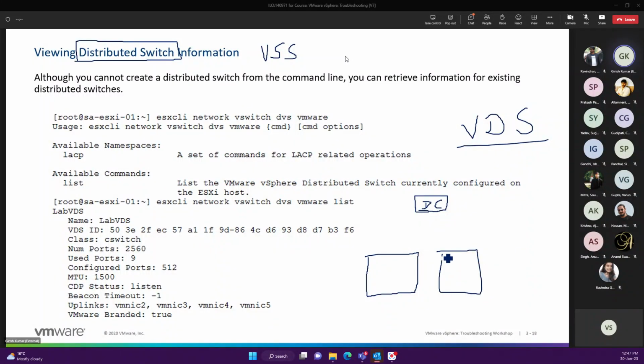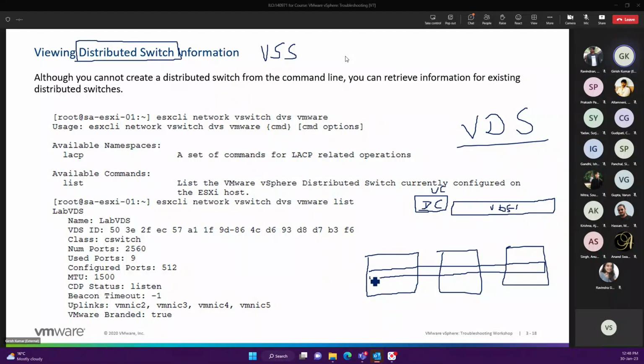Suppose we have 3 or more ESXi hosts, and at the vCenter Server level you are going to create it. One time you create it, the VDS is available on all your ESXi hosts.